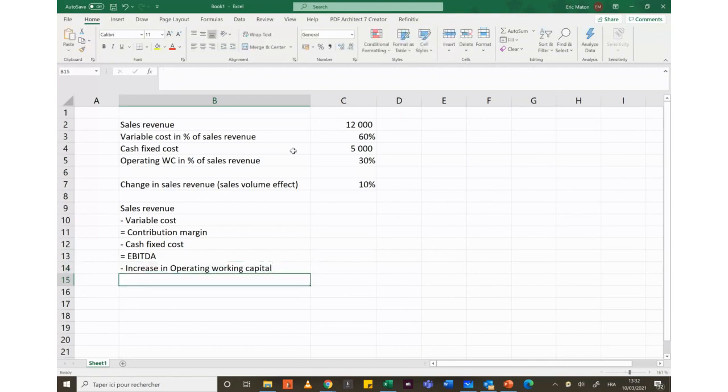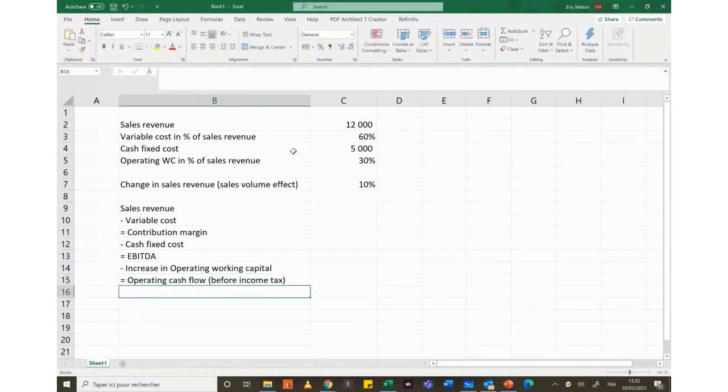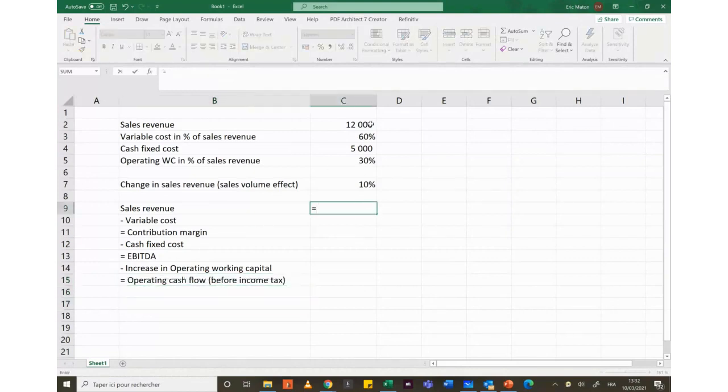We have the operating cash flow before income tax. Okay, we don't care about the income tax in this example. So the sales revenue we expect to increase by 10%. So it is 12,000 multiplied by 1 plus 10%.